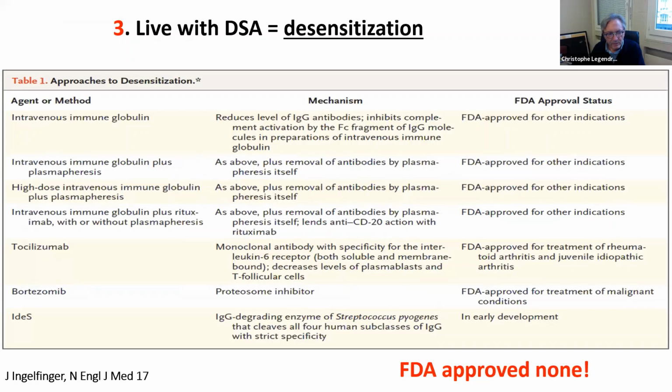We also have other drugs like bortezomib and tocilizumab, but none of them are approved by the FDA. So far, we don't have a single drug whose indication is patients with a high level of DSA.